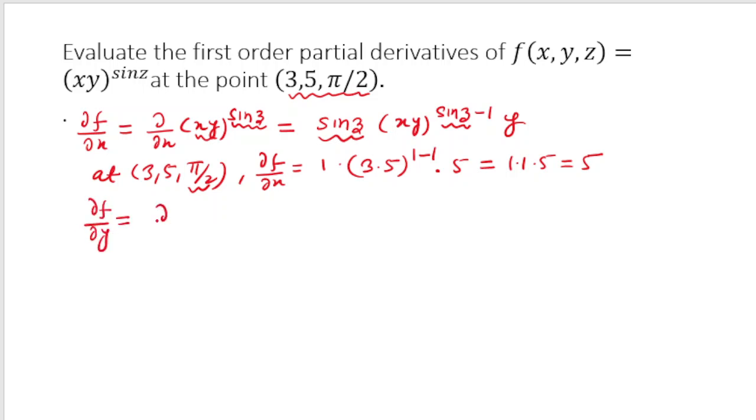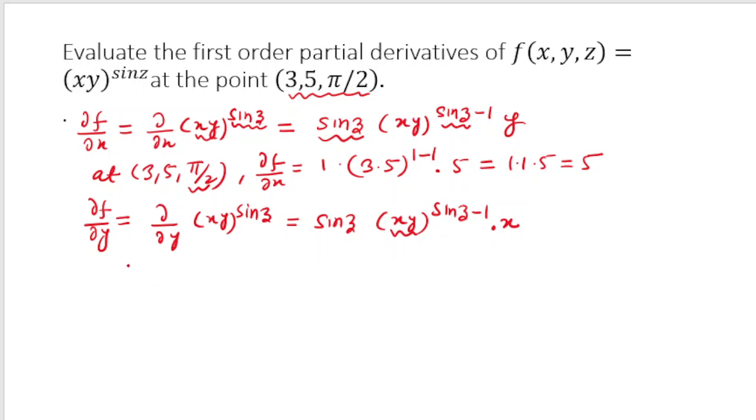So if I have to evaluate del by del y of xy to the power sine z, what will it be? Again, using the same idea, sine z is a constant, and it can be written as xy to the power sine z minus 1, and again xy with respect to y. So this time x will be a constant, and the derivative of y with respect to y will be 1.